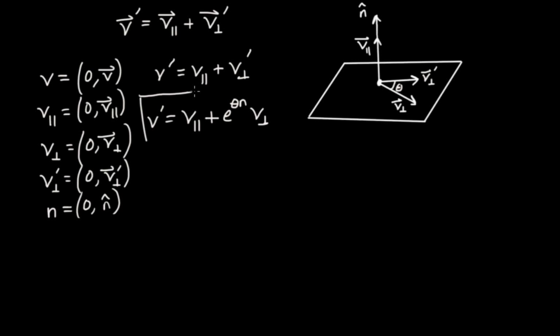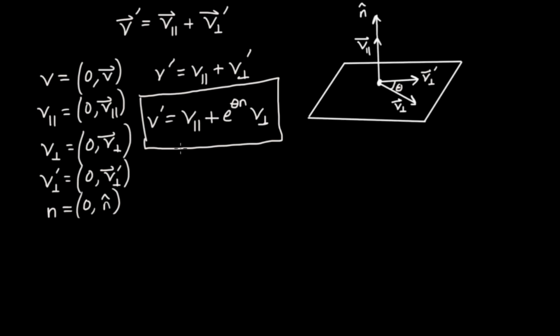So this is actually the first quaternion rotation formula I'd like to tell you about. And you can see it's very simple. Conceptually what you're doing is you're taking your initial vector v, and breaking it up into 2 parts, as we've been doing, a v parallel and a v perp. Now to get the newly rotated quaternion v prime, you're just going to take the v perp and multiply on the left by e to the theta n.